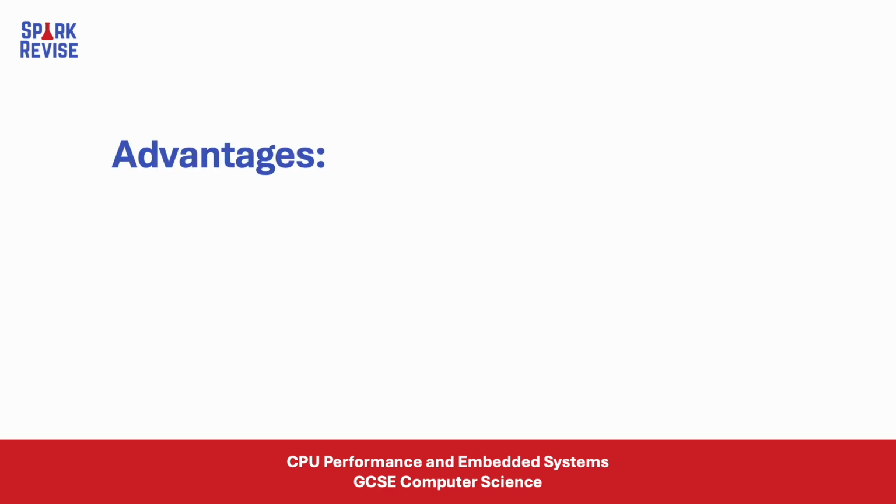Let's look at some advantages of embedded systems. They're optimized for efficiency and cost effectiveness. There are fewer features, and they're cheaper to design and manufacture, so a lower cost overall. They're also extremely energy efficient. These are very, very simple machines. They don't need lots of power to run like a modern day CPU would because they're just not doing as much.